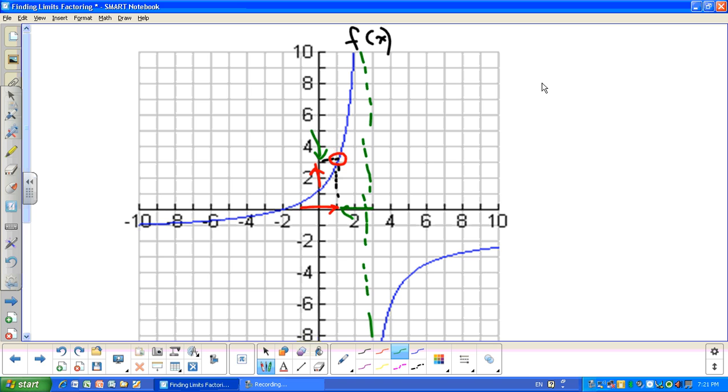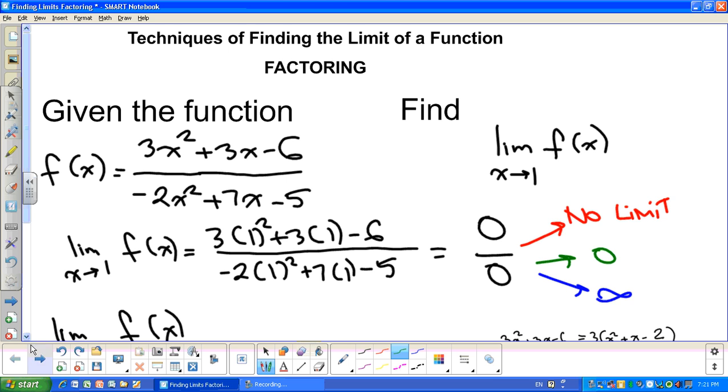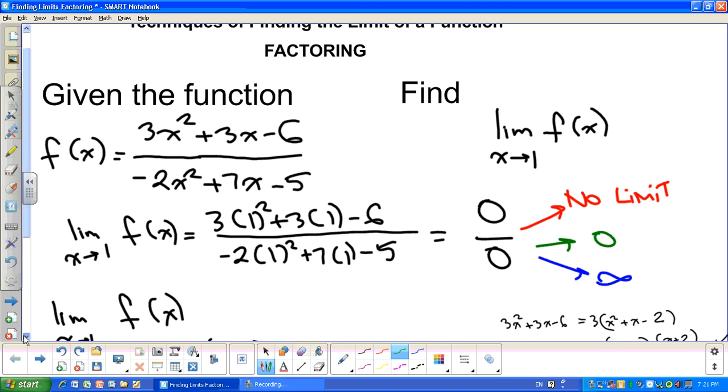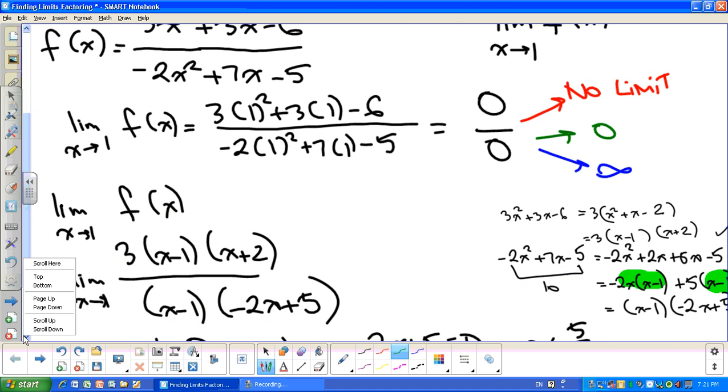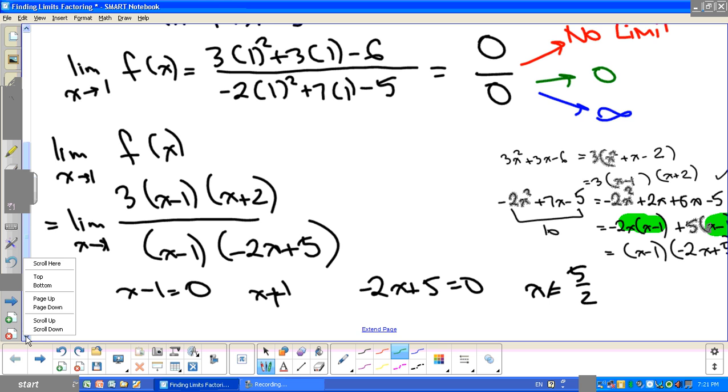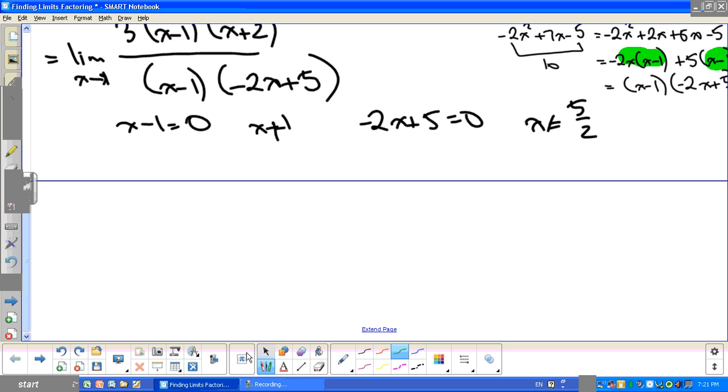Now, for x equals 1, the other value, I don't have a vertical asymptote, but what I have is a hole in the graph. Okay, so let's see what that means. How do I continue evaluating my limit?